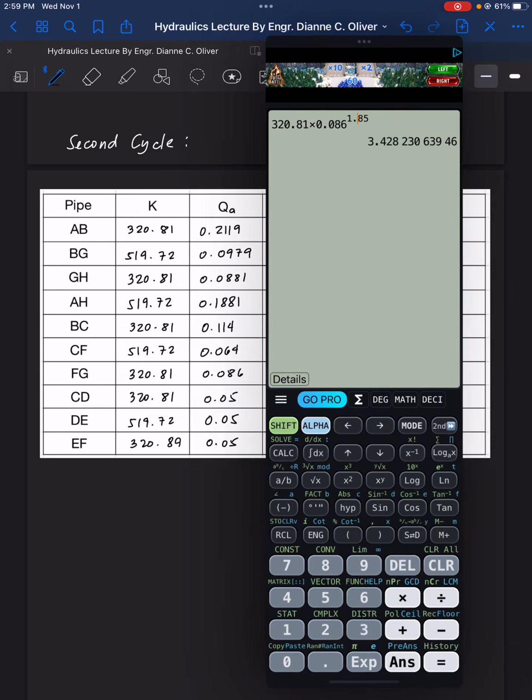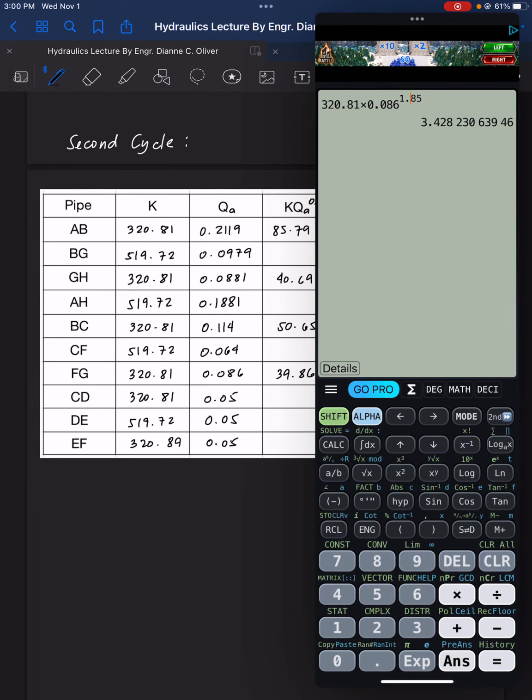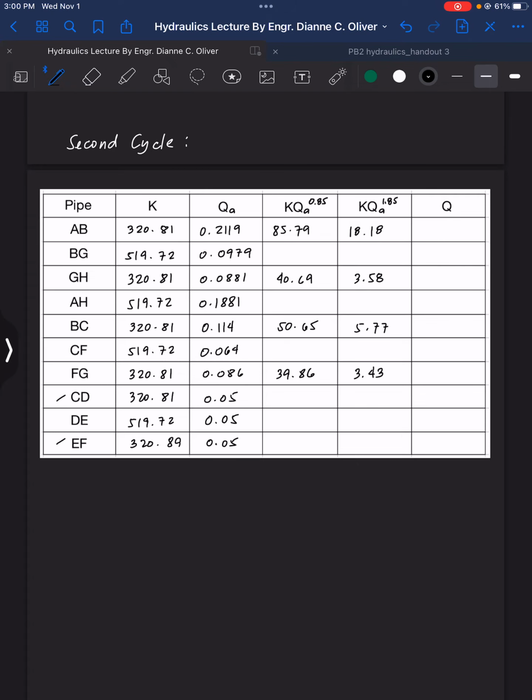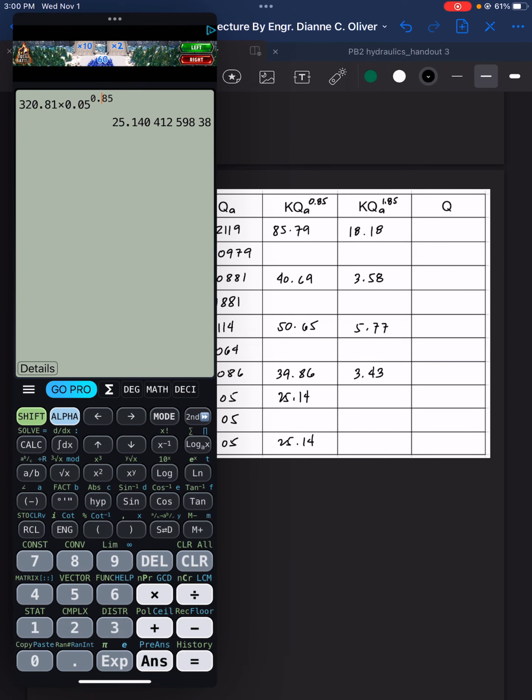Next, these two here are similar, CD and EF. So that is 0.05 raised to 0.85, 25.14. It is 1.85, so 1.26.